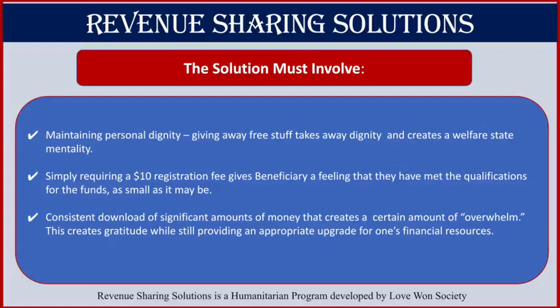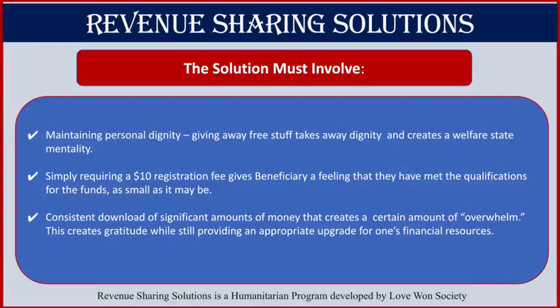And this is our way of giving it back to you without overloading the whole society and giving free money away when it'll interrupt the flow in the economy. So this is the best way to do it. And as small as it would be, the fee helps them to qualify in their mind to receive the funds that we believe are theirs anyway.